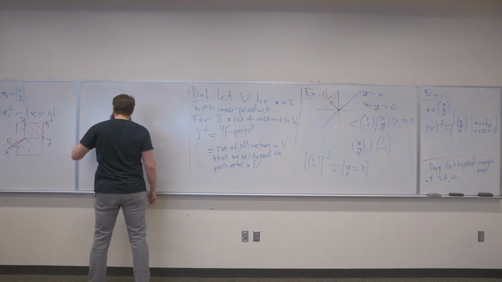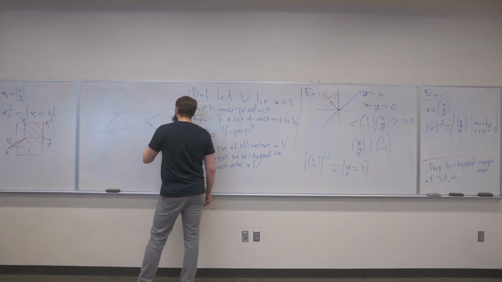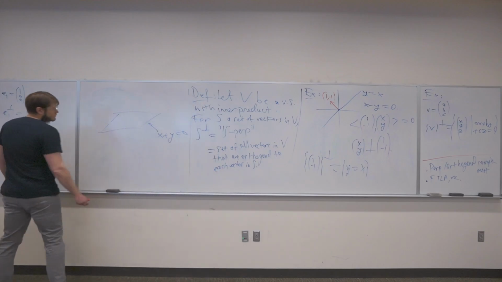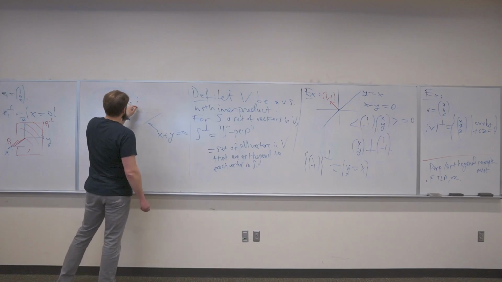But for instance, (1, 1, 0), I have this plane in 3 dimensions. This is x plus y equals 0 in 3 dimensions. Its normal vector is (1, 1, 0).